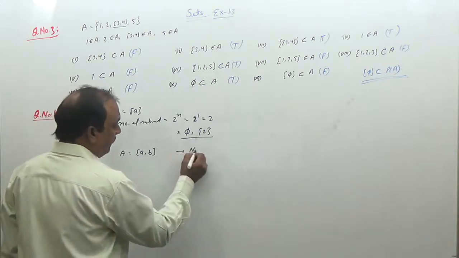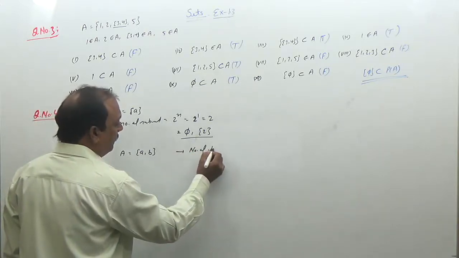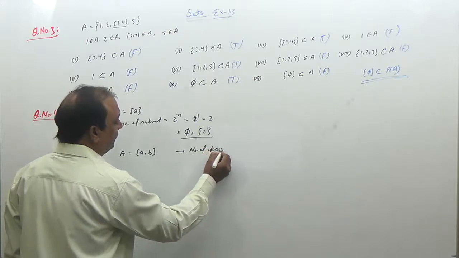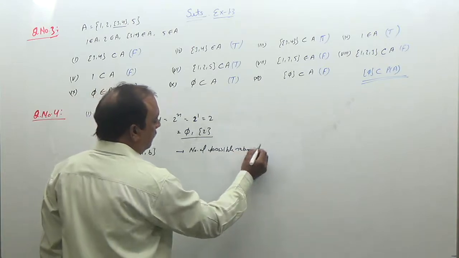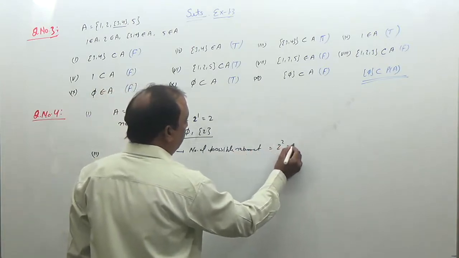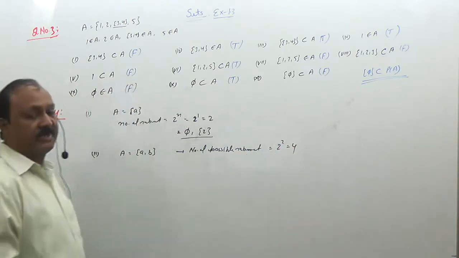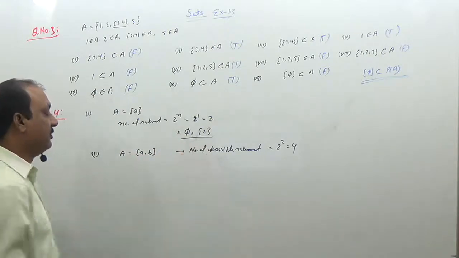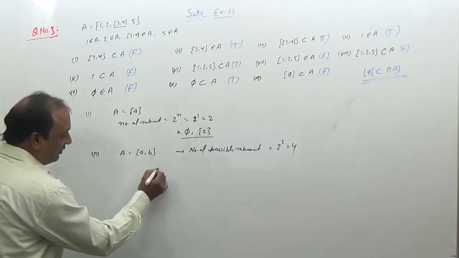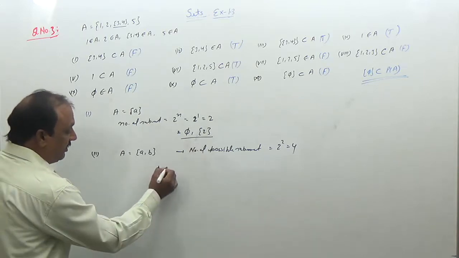First find the number of possible subsets. These are 2 raised to the power 2, because 2 raised to the power n means number of elements are 2, so there are 4 possible subsets. One is the empty set.